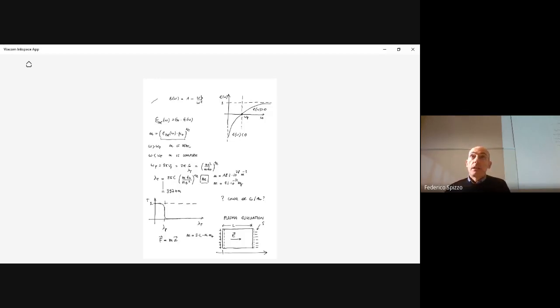The acceleration: since we are supposed to have a motion only along the x direction, I may suppose that I have a function x of t that describes the center of mass of the oscillating electronic cloud. So the acceleration is only a_x, the component along the x direction, and that is the second derivative of x of t, where x of t is the function that at the moment we do not know, which describes the position of the electronic cloud.